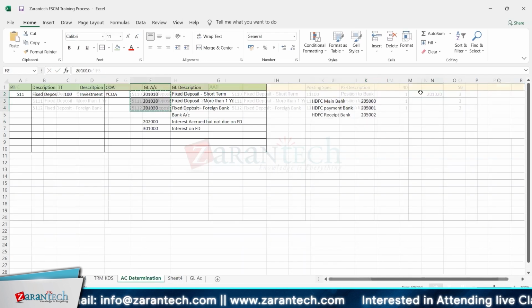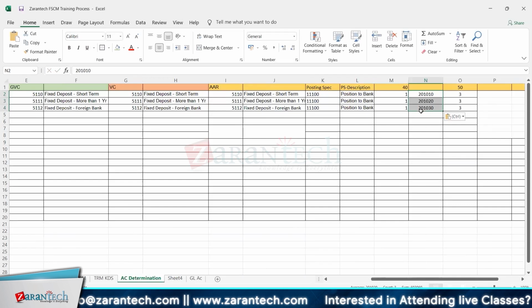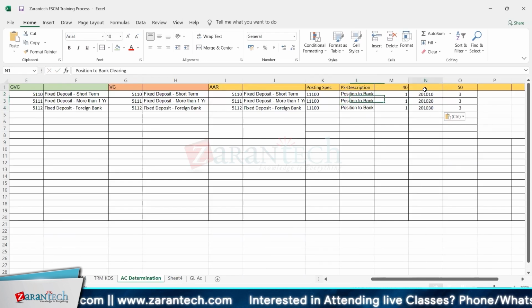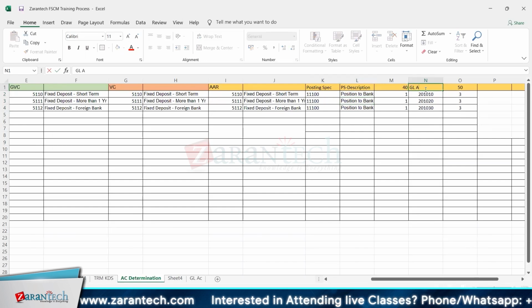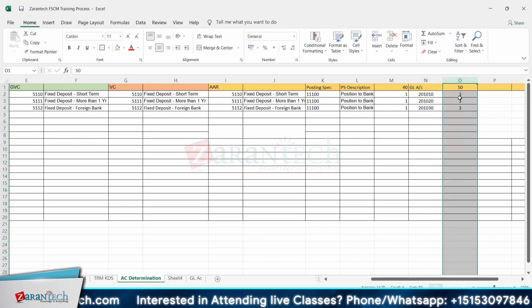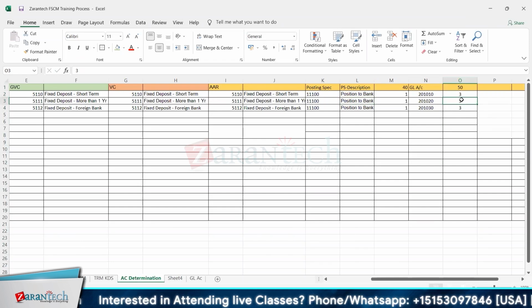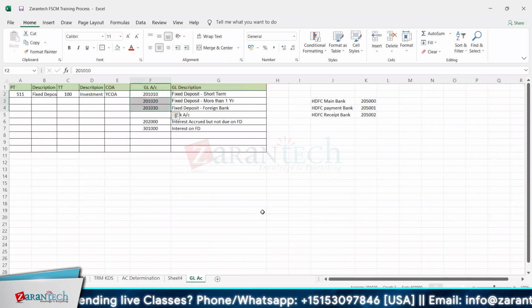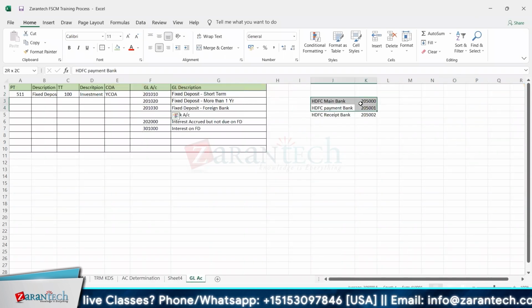Likewise, I have 3 GL accounts here. I'll show you how I'm going to map this, but these are my GL accounts. And for the bank account, currently it is 3. But normally, when I'm making the payment, it should go to the payment account.